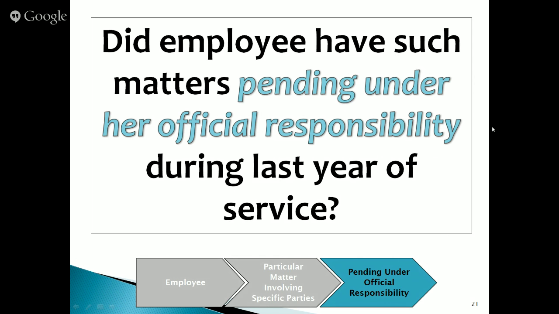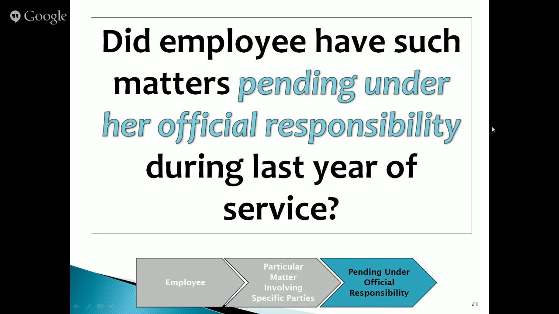So if we go to 2641.202(j), that's going to tell us what constitutes official responsibility. And it's not a very satisfying definition, folks.